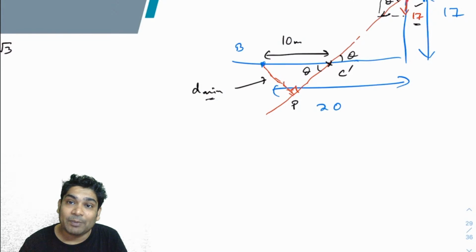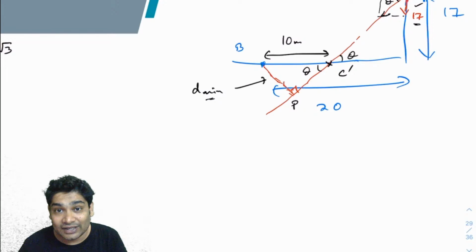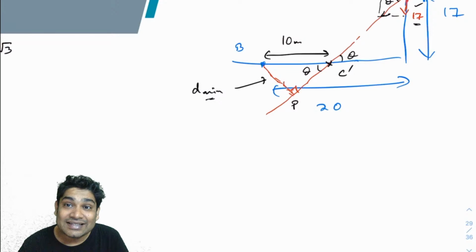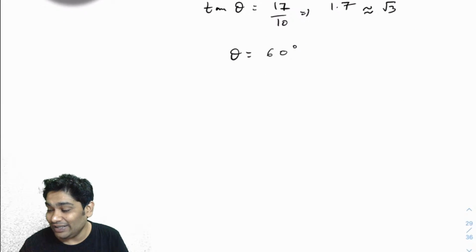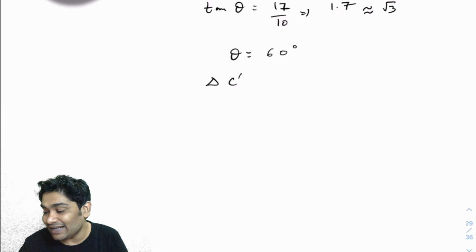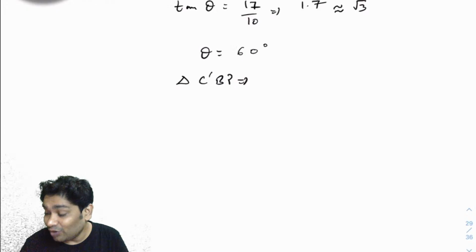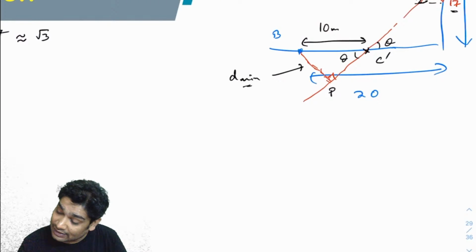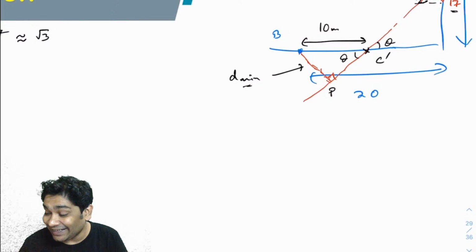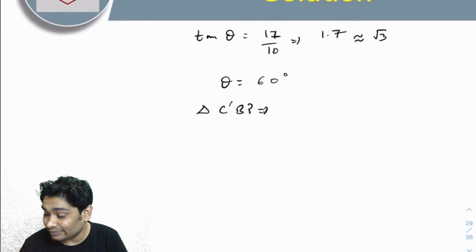Now once I know theta is 60, let's try this. So I've marked the perpendicular point as P, the position of car as C dash. Now let's take a look at the triangle C dash BP. What do you see in that? Sine theta is d minimum over 10.